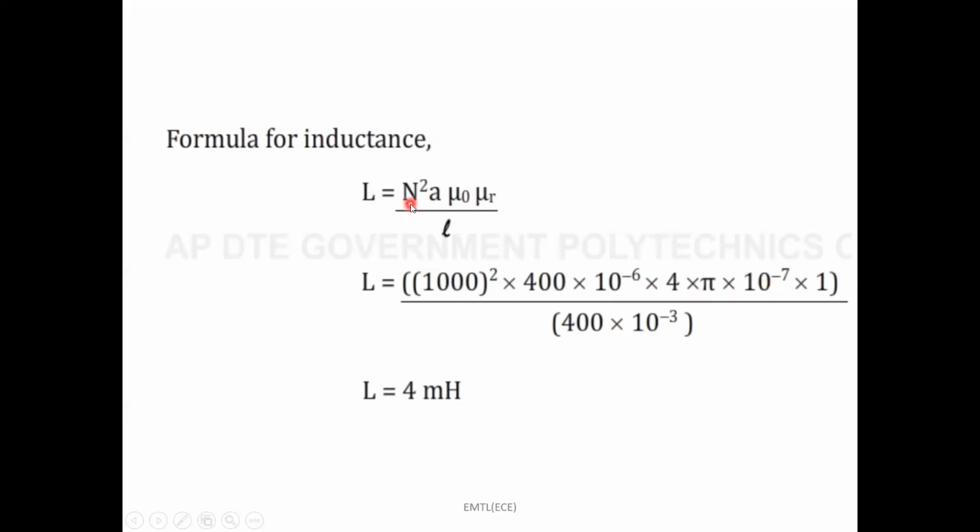By substituting N equal to 1000 whole squared, area equal to 400 × 10^-6, and length l equal to 400 × 10^-3, by calculating all these values, L is equal to 4 millihenry.